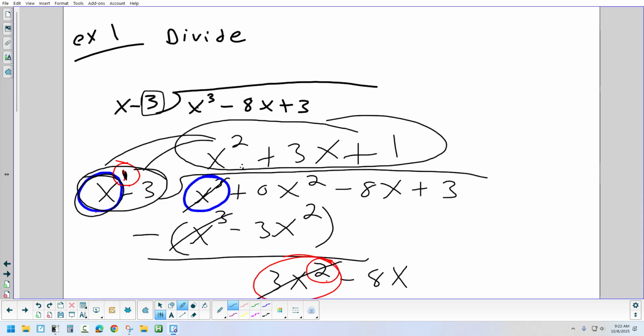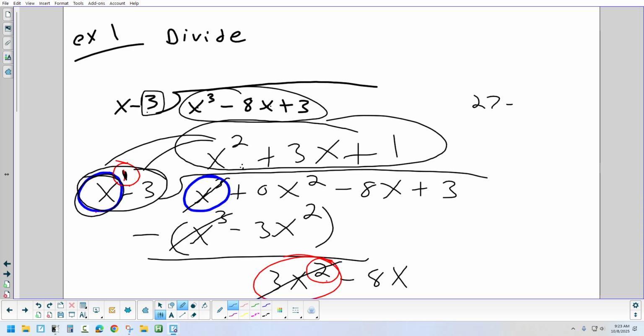We're going to take that and fill it into my numerator, if you were writing it out as a fraction. It'd be x cubed minus 8x plus 3 divided by x minus 3. All right, so let's fill in 3. What's 3 cubed? 27.